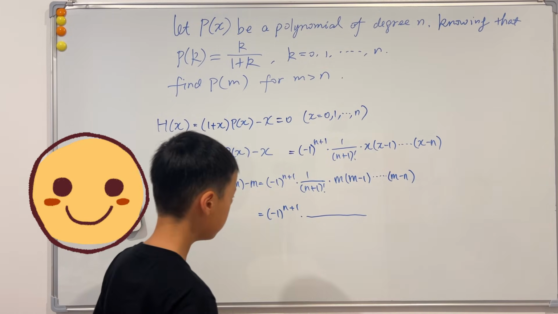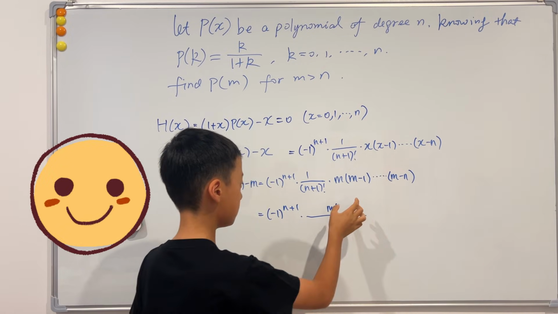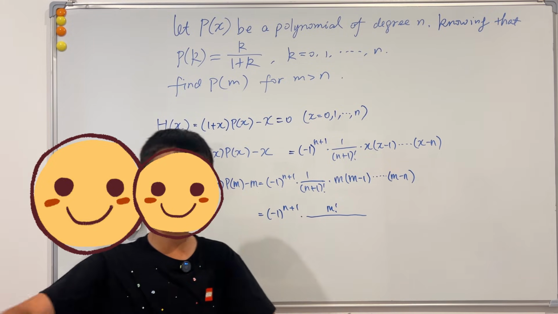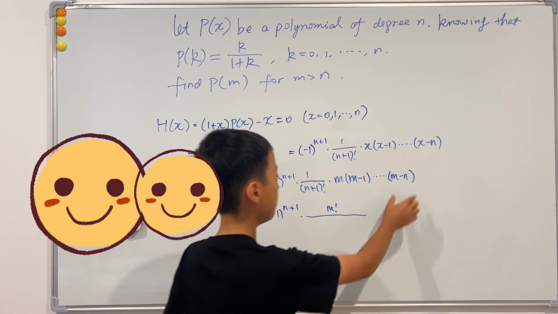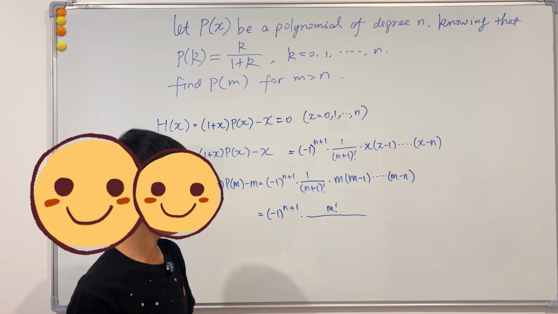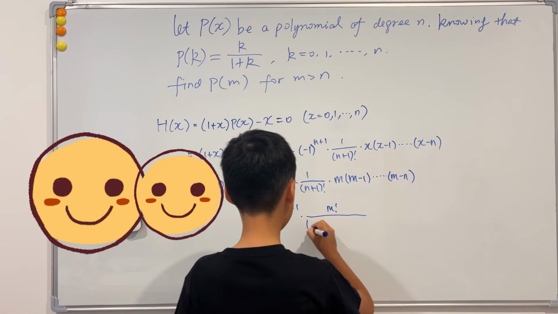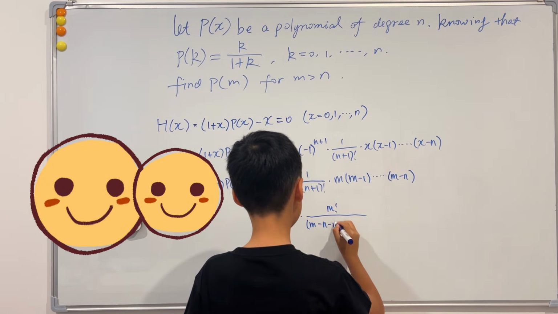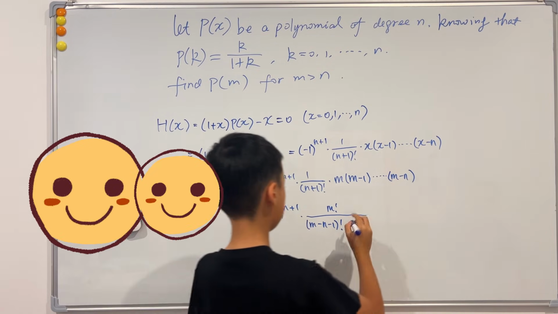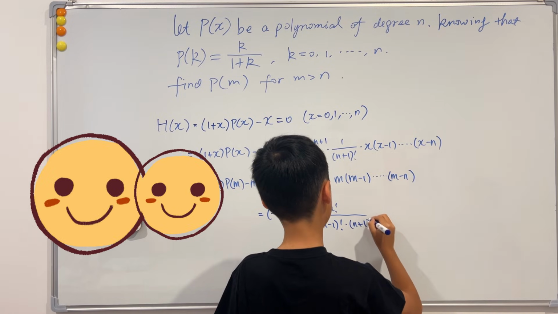Long fraction, okay, m factorial, because m factorial is m multiplied all the way down to 1. But this only goes down to m minus n. Well, what can we do? Well, we can divide this by m minus n minus 1 factorial. And of course, don't forget about this fraction times n plus 1 factorial.